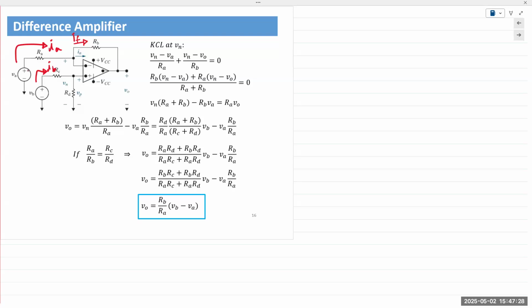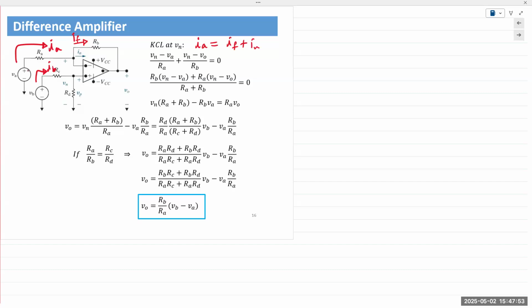Once we apply KCL, we can obtain IA is equal to IF plus IN. IN is equal to 0. I can express IA as VA minus VN over RA, the input resistance.